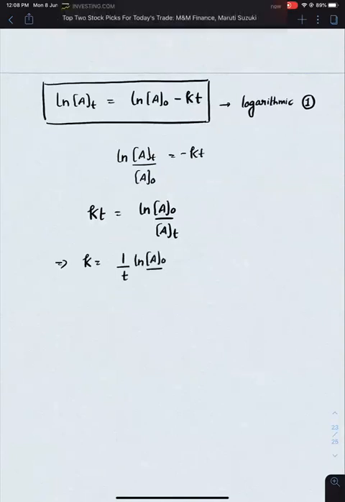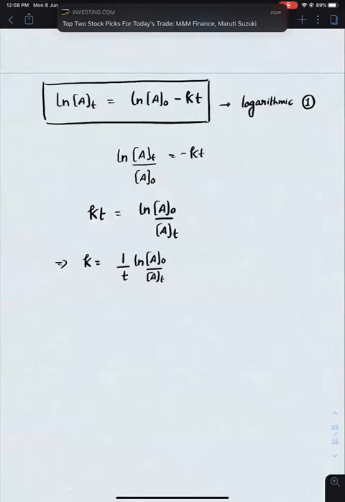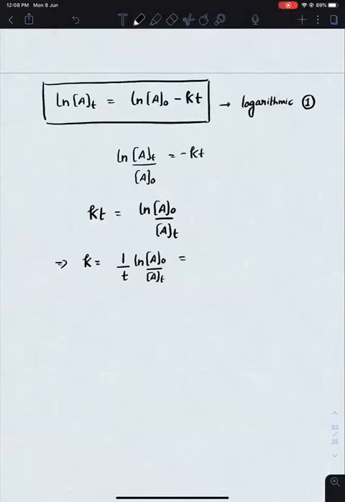ln a naught upon At, which is equal to, if you are writing this in terms of log, it will be 2.303 upon t log a naught upon At.